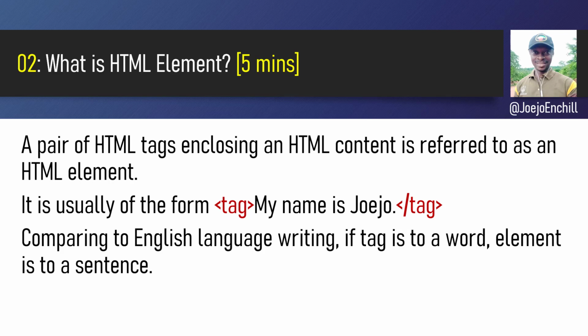Here the keyword is meaningful. Alright, so that is briefly for HTML tag and HTML element. I believe when we move on to some practical work, you may get more understanding of these two concepts.